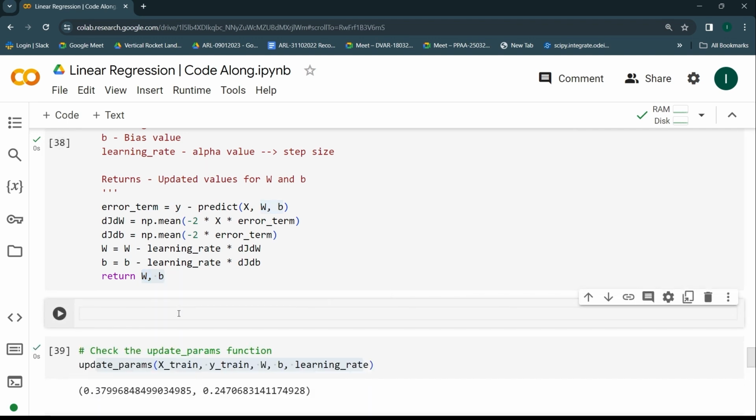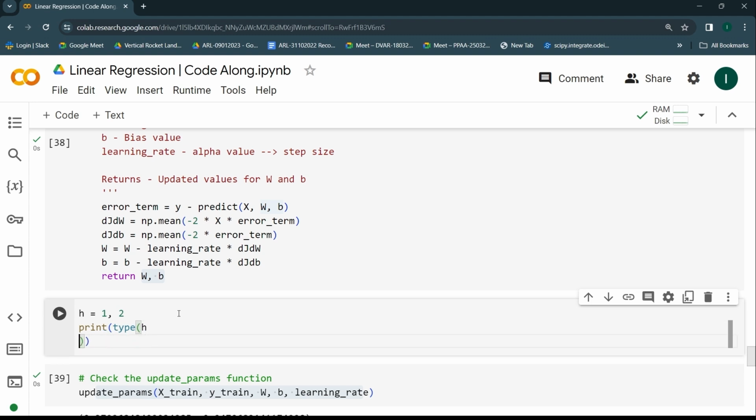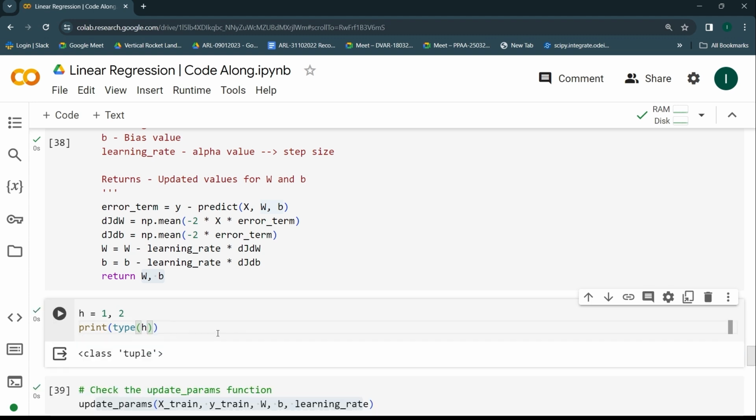For example, if I show you, like, 1, 2, and if I, let's say, give some h variable to it. Okay, if I'm having this 1, 2, and if I print what is the type of this h, see what's going to happen. It's going to be a tuple, right? So if I just print h over here like this, let's see what happens now.